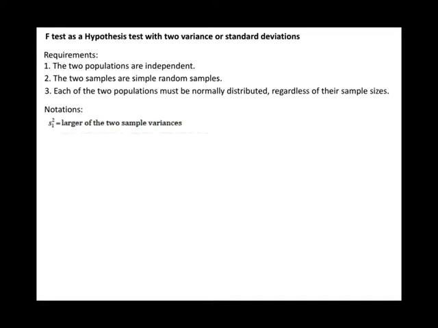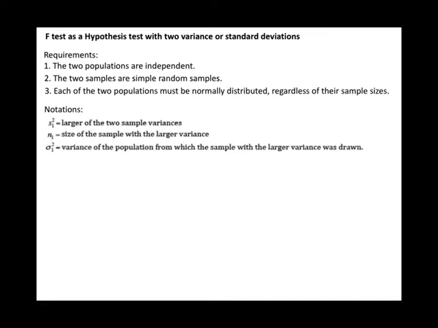Okay, notation. You can see all this notation has a 1 in here: s1, n1, sigma 1. This means all this notation is for population 1. The first one, s squared, is your sample variance. For the F distribution, you have to choose the larger of the two sample variances as your population 1.